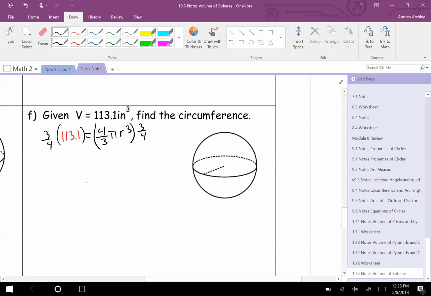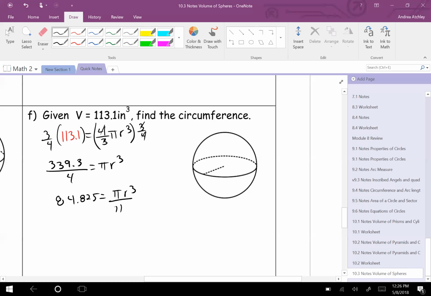That gives me 339.3/4 equals, these will cancel out, just pi r cubed now. I'm going to divide it by 4. And that gives me 84.825 equals pi r cubed.